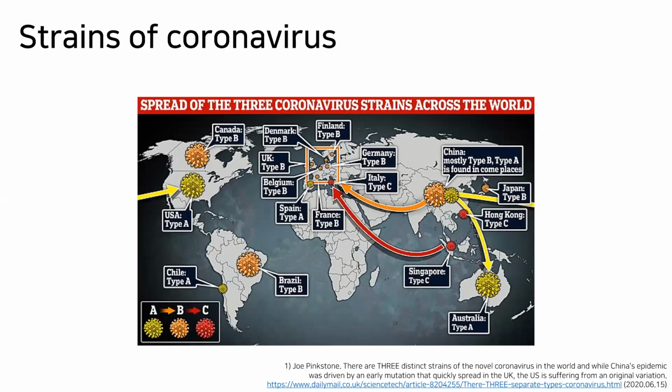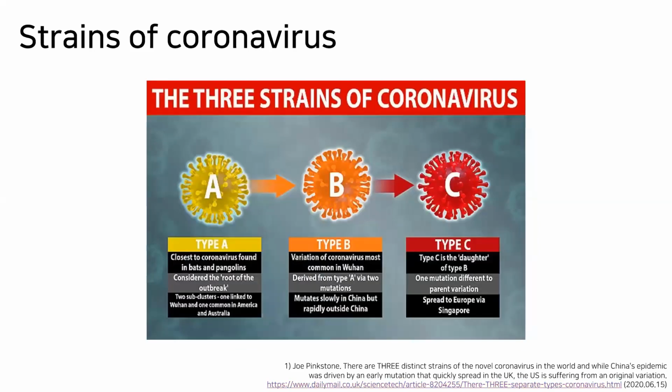Actually, I searched for the markers you mentioned for about 2 or 3 days, but I could not find those markers. Now, what can be the current criteria for distinguishing type A, B, and C?